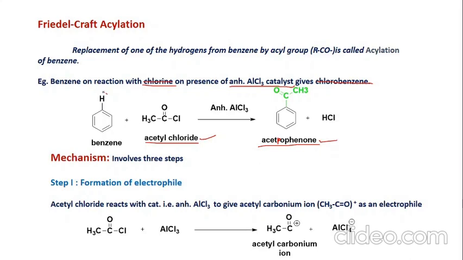What happens? One of the hydrogens from benzene is replaced by this CH3 C double bond O group, and the reaction is said to be Friedel-Crafts acylation when it is carried out in the presence of the catalyst anhydrous AlCl3. This reaction begins with the starting material benzene and yields the product acetophenone.